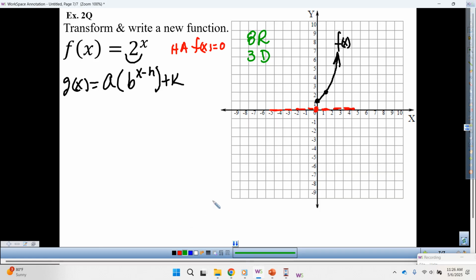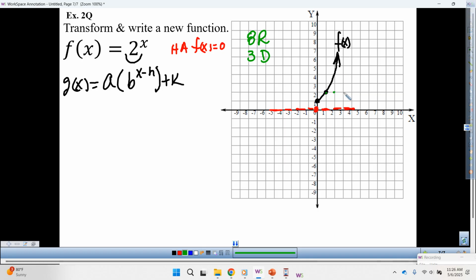All right, show your neighbor, see what they did, see if they have something similar to you. All right, so 8 to the right, 3 down.